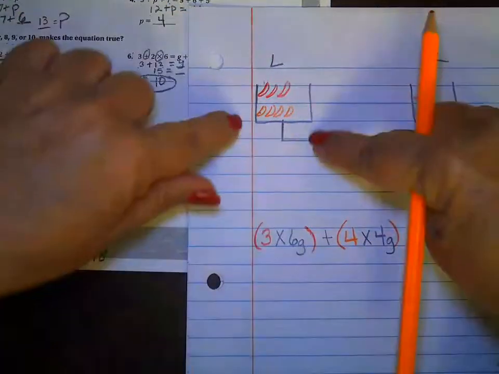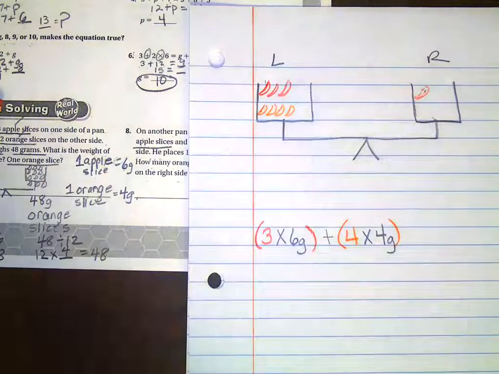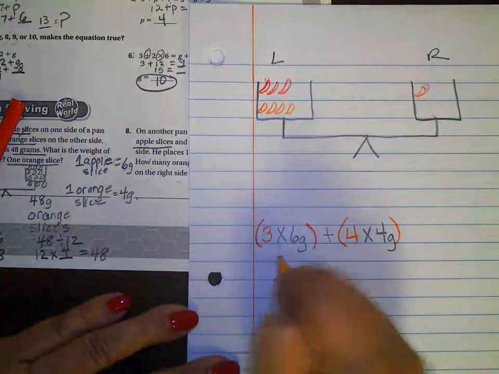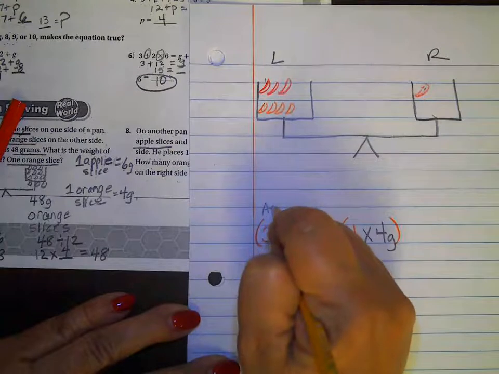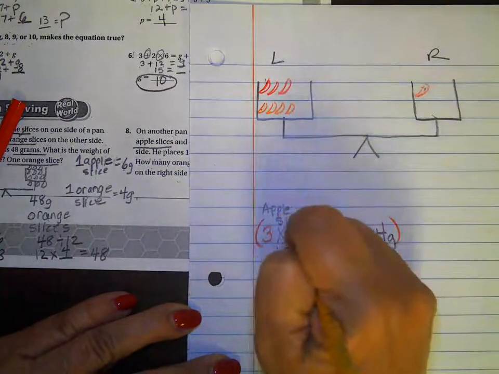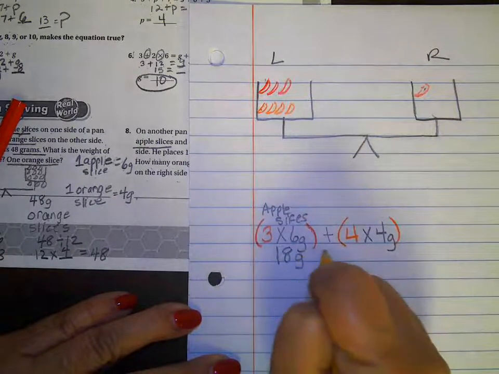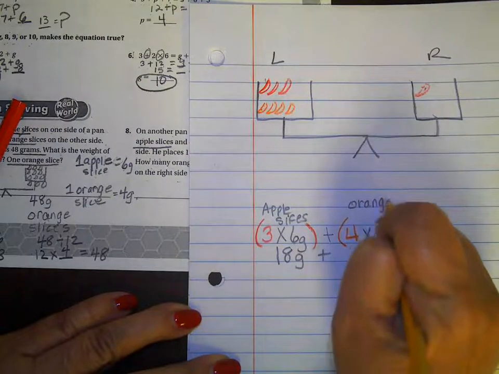So how much weight do you have on the left side? 3 times 6 equals 18. So the apples, and I'm going to write apple slices. Oops, that's an L. Has a total of 18 grams plus, this is the orange slices.